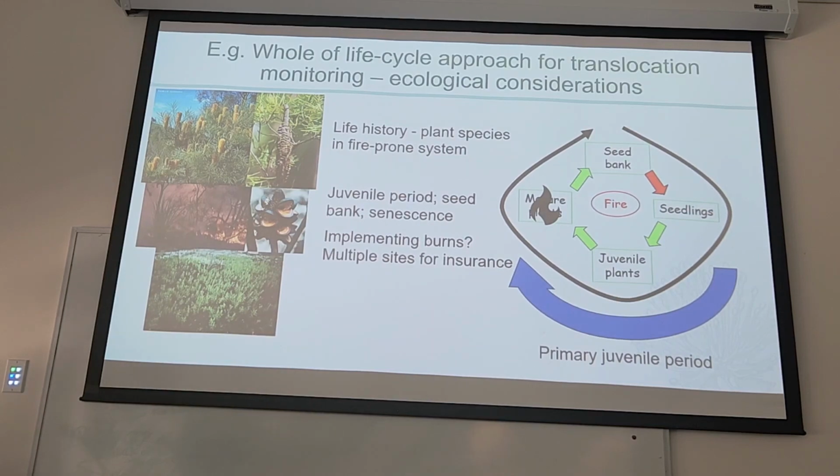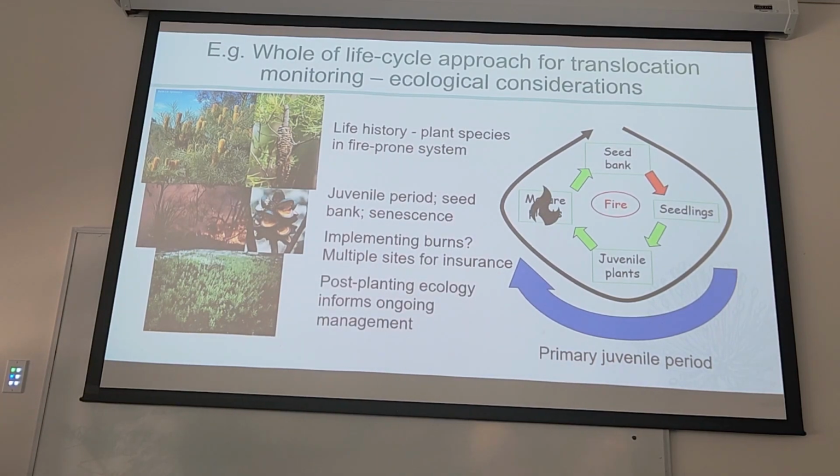Thinking in this ecological way can help inform not just the post-planting trajectories of your species, but also the ongoing management. And even then, for similarly functional species, you can also inform how you incorporate that sort of information.